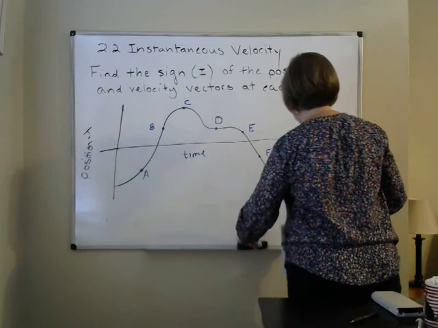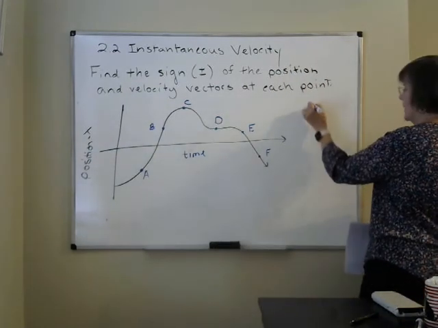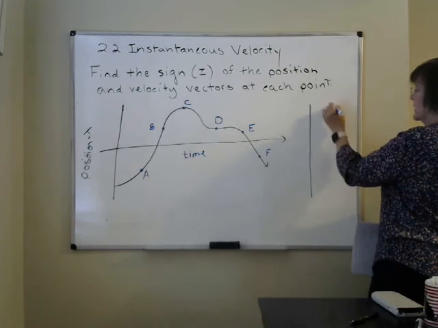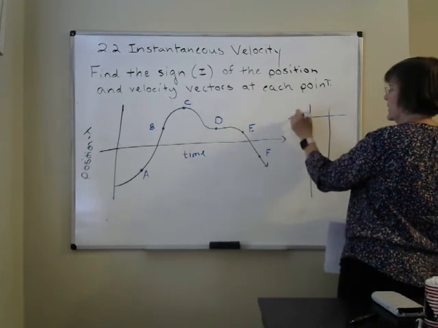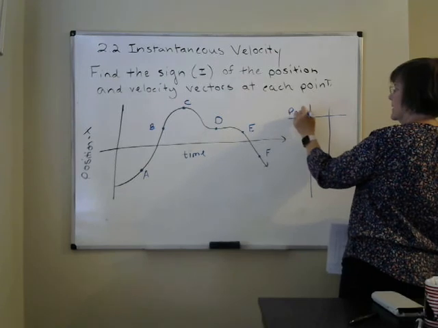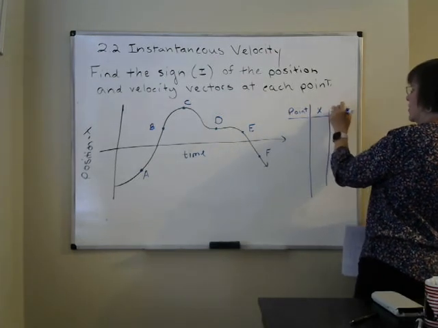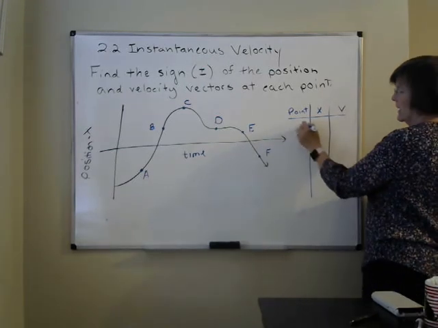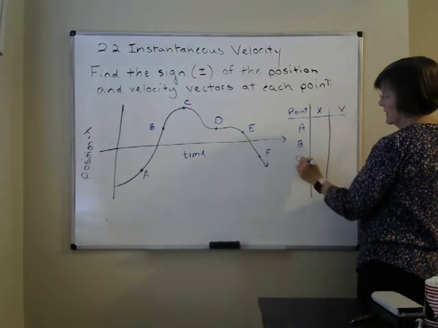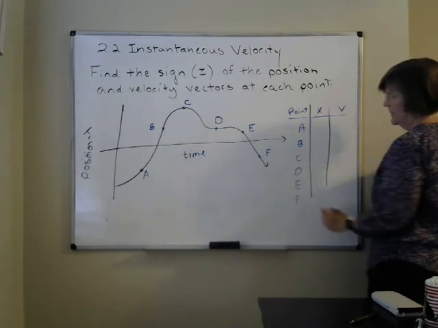I'm going to make a little table over here. Tables are really useful for organizing information. So I'm going to put the point, and then I'm going to talk about the position, and I'm going to talk about the velocity. Here's our points, A, B, C, D, E, F.